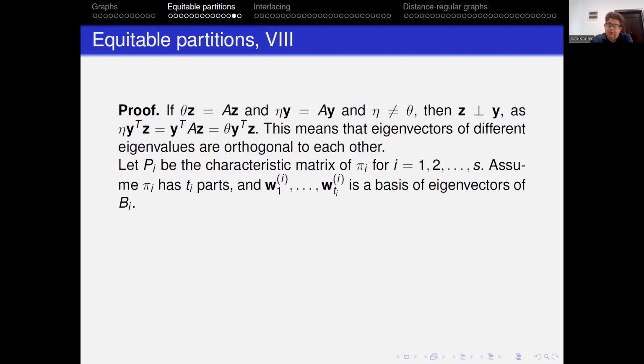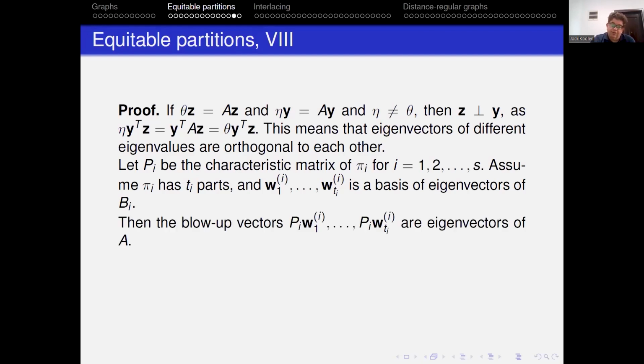Because A is a symmetric matrix, that's what I mean. Let P_i be the symmetric characteristic matrix of pi_i, with i from 1 to s. Assume that pi_i has t_i parts and w_1^i to w_{t_i}^i is a basis of eigenvectors of B_i.